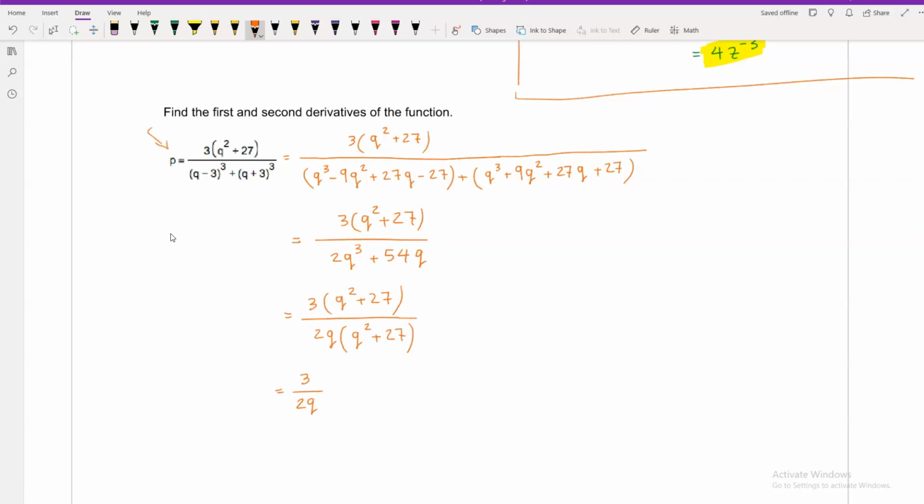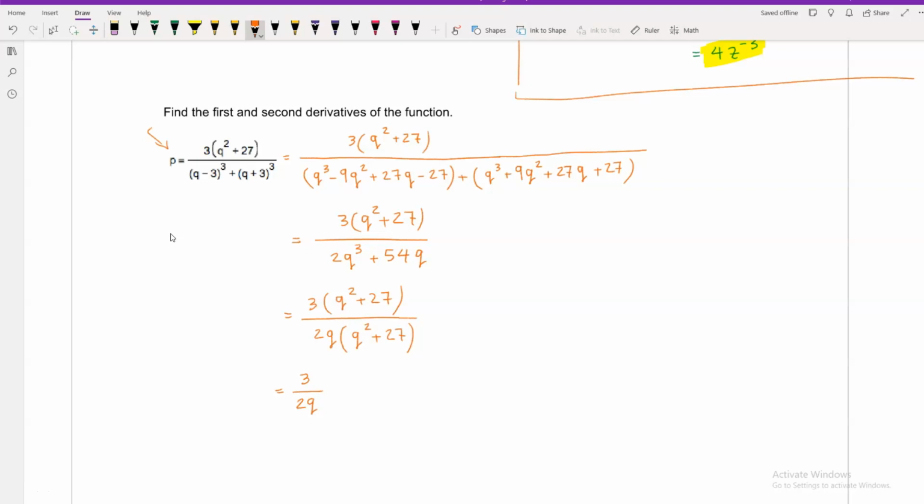I will try to simplify. So what I did here, I simplified by writing (q − 3)³ and what we have for (q + 3)³ in denominator, combined like terms. So in denominator we have 2q³ plus 54q.